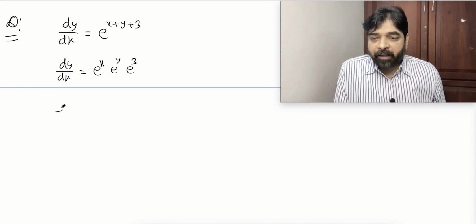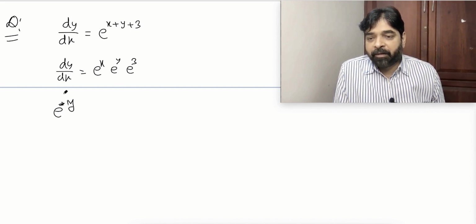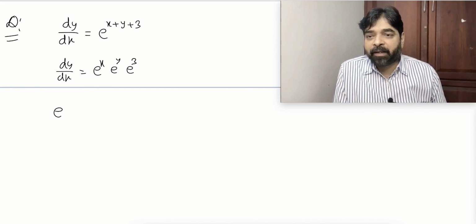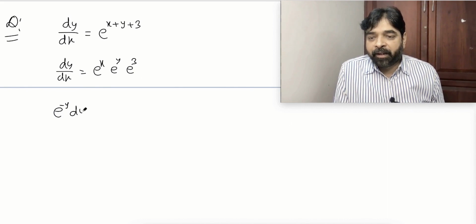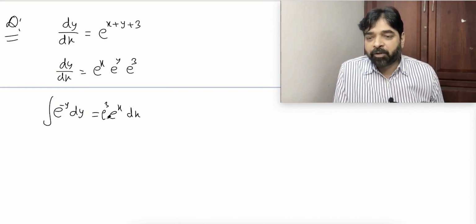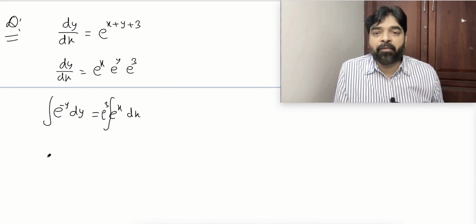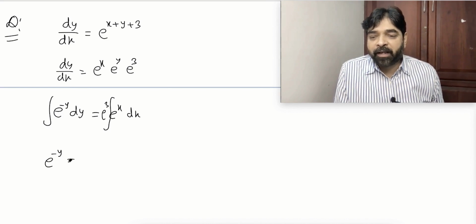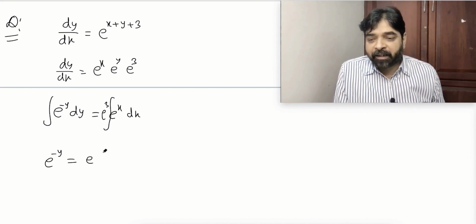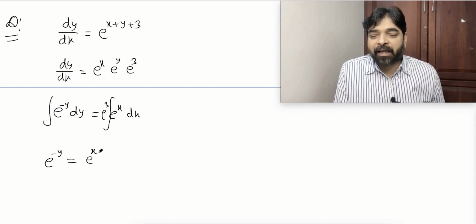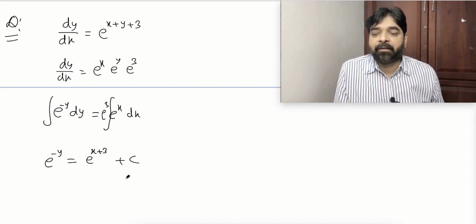So from here, e power minus y, because I will divide e power y on the left side, so I will get e power minus y dy is equal to e power x dx into e power 3 is also there. Integrate both sides. So e power minus y equal to e power x integration, e power x into e power 3, which I can write as e power x plus 3, plus c is the answer.